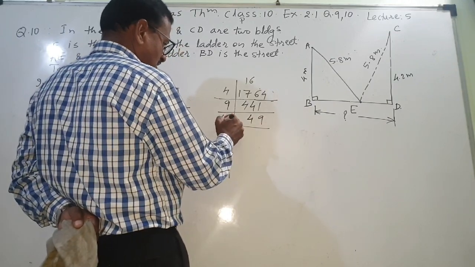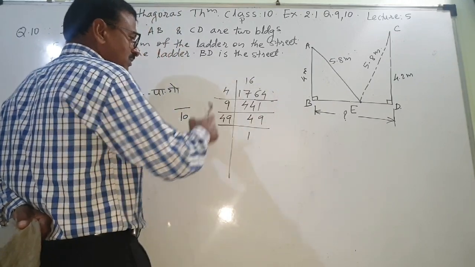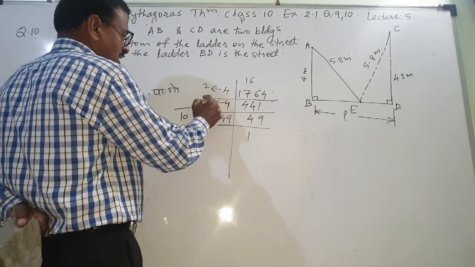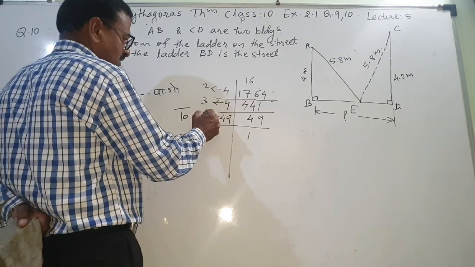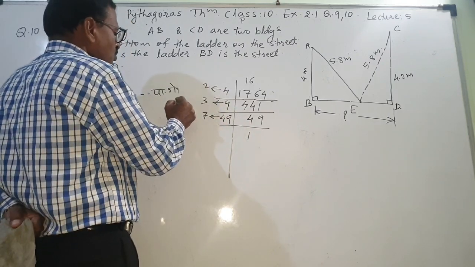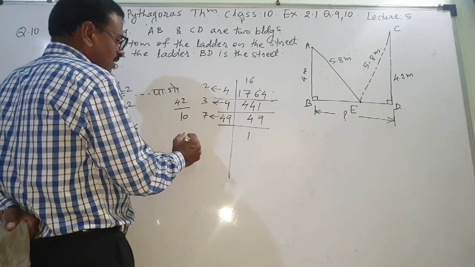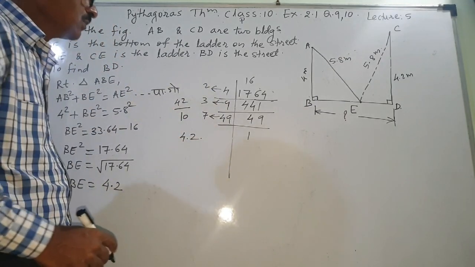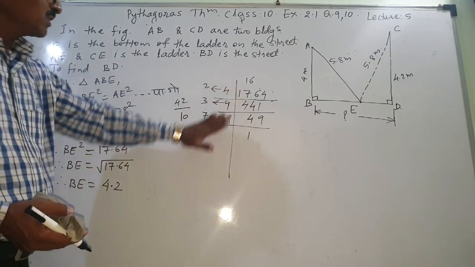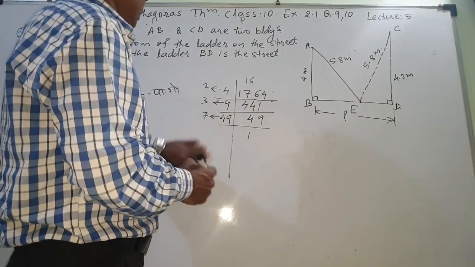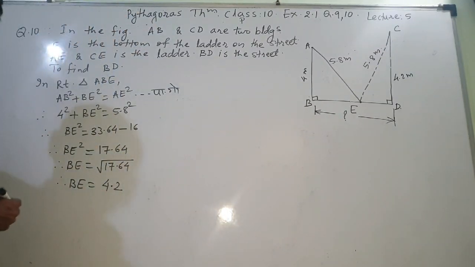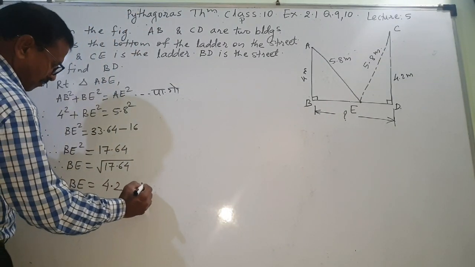So this is 49 into 1. Now the square root of this will be 2, square root of this will be 3, and square root of this will be 7. 7 3s are 21. 21 to the 42. So 42 upon 10, nothing but 4.2. The purpose of teaching this sum is only these calculations, how to do. Okay. This is number 1.